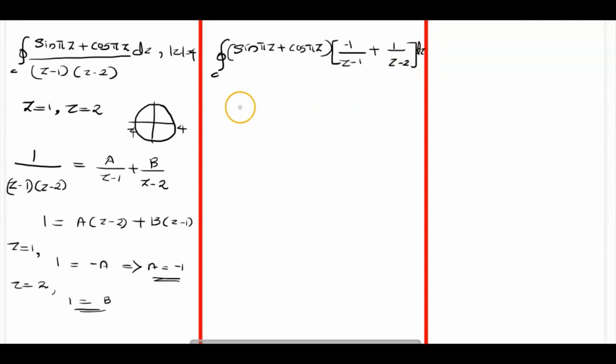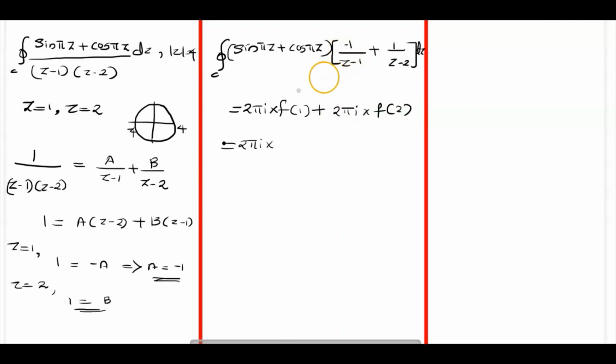And using Cauchy's integral formula, first consider minus 1 by z minus 1 into this function. And this is equal to 2 pi I into f of 1, plus second one is equal to 2 pi I into f of 2. So 2 pi I f of 1.